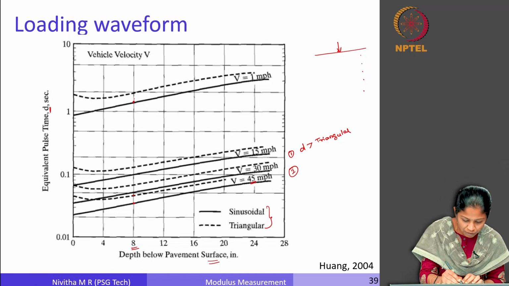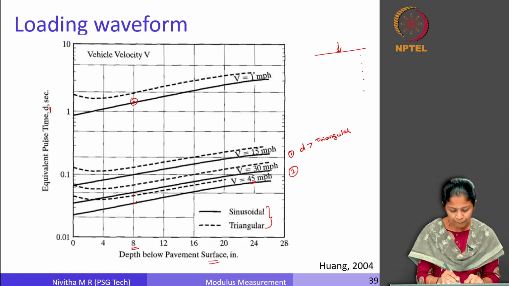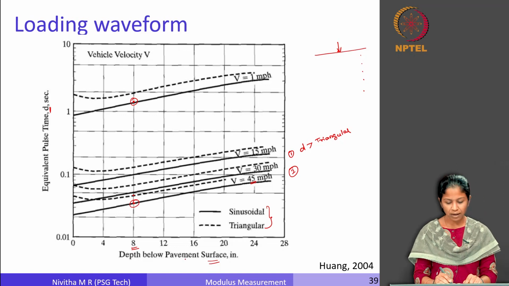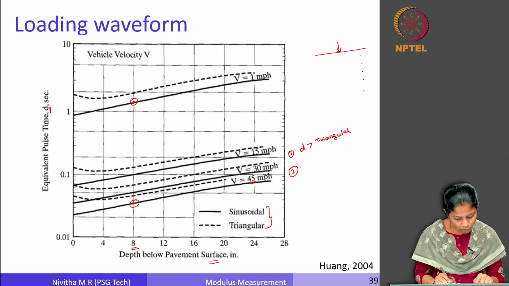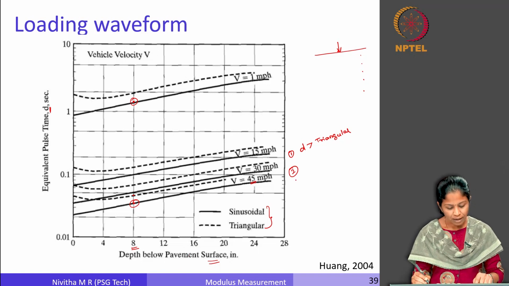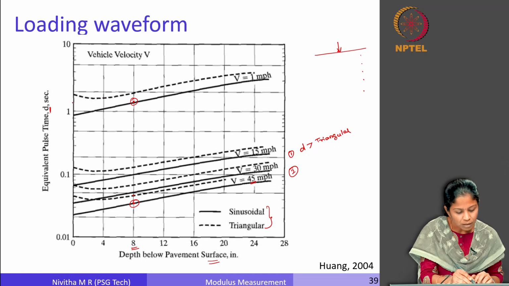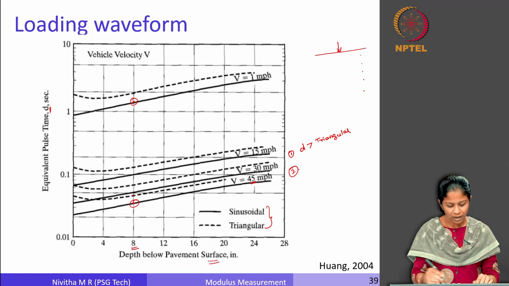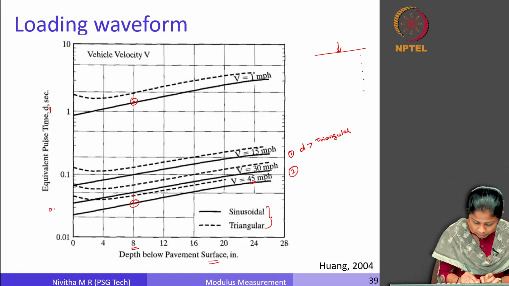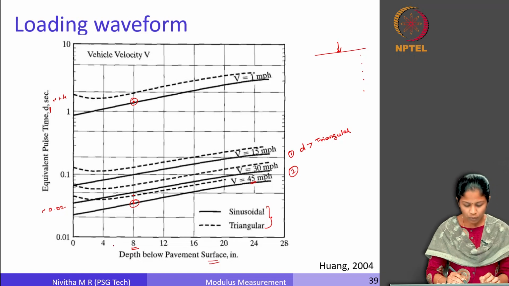So, this is the value of equivalent pulse for 1 mile per hour for sinusoidal loading, and this is the case for 45 miles per hour. If I travel at a speed of 45 miles per hour, my equivalent loading time is about 0.02 seconds, whereas at the same depth, if I travel at a speed of 1 mile per hour, it is approximately 1.2 or so.